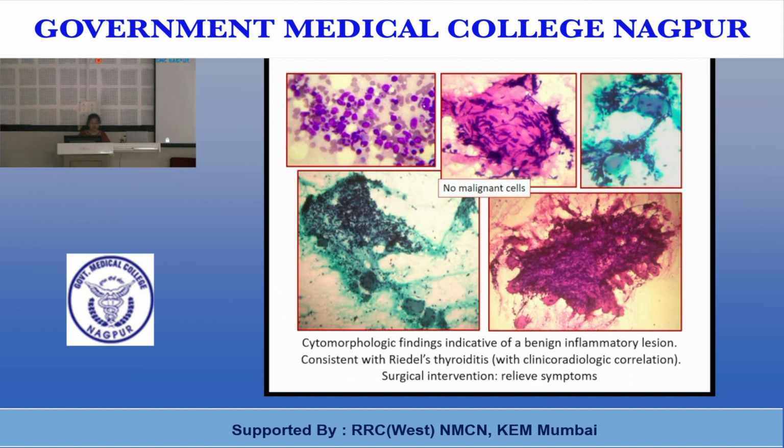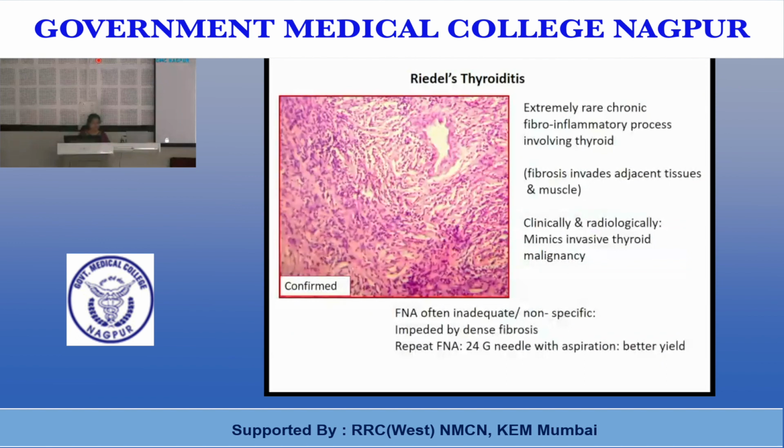Surgical intervention followed to relieve this patient of her symptoms, and it was confirmed as Riedel's thyroiditis, which is an extremely rare chronic fibro-inflammatory process in which the fibrosis invades the adjacent tissue and muscles. And the main thing is that clinically and radiologically, it mimics an invasive malignancy. And in this case, a repeat FNA gave us a better yield.